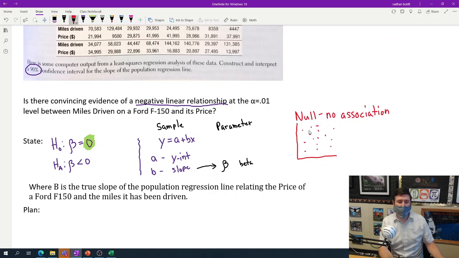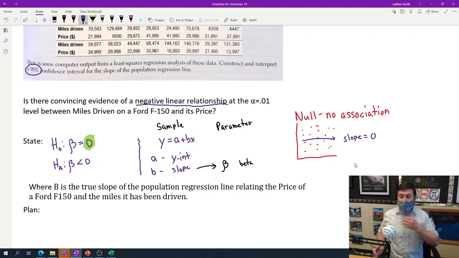All right, there's no upward or downward correlation here. If there's no association, it is simply a scattering of points. And so if you were to do a linear regression on that, it would just be a horizontal line. There would be no slope, right? So the slope would be equal to 0.